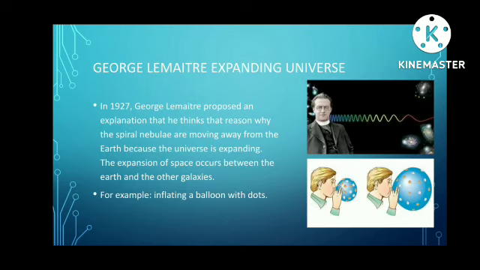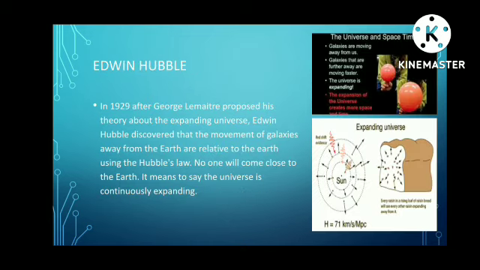Two years after Georges Lemaitre proposed his theory about the expanding universe, in 1929, Edwin Hubble discovered, using Hubble's law, that galaxies are moving away from the Earth. All galaxies are moving away from our planet Earth.